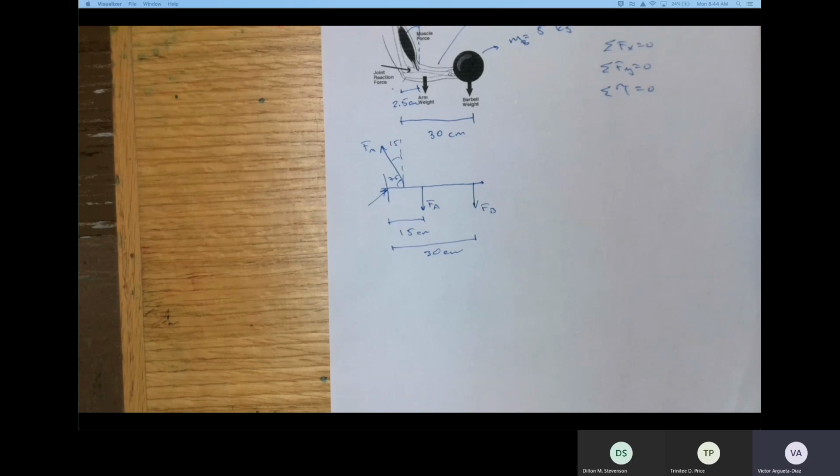So this one is not necessarily perpendicular, so you will need to find the perpendicular. So your force is going to be high.